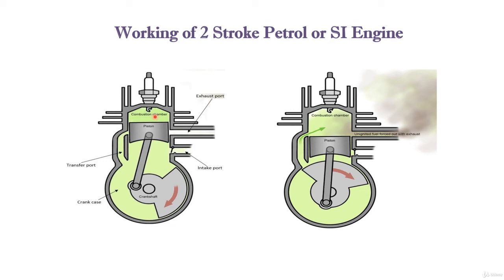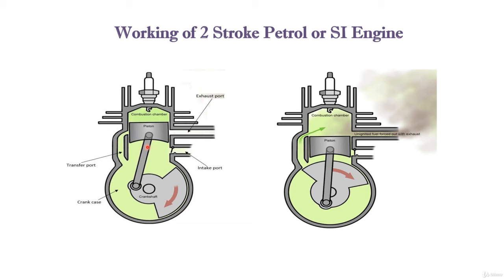At this time, the spark is produced by the spark plug so that the compressed air-fuel mixture in the combustion chamber burns and produces an expansion or the power stroke that pushes the piston down. This combustion is what we need to keep the engine running.